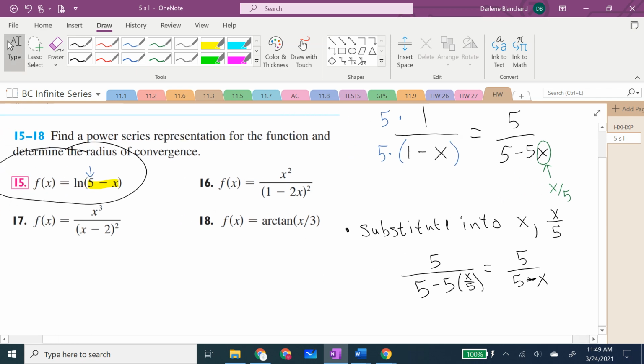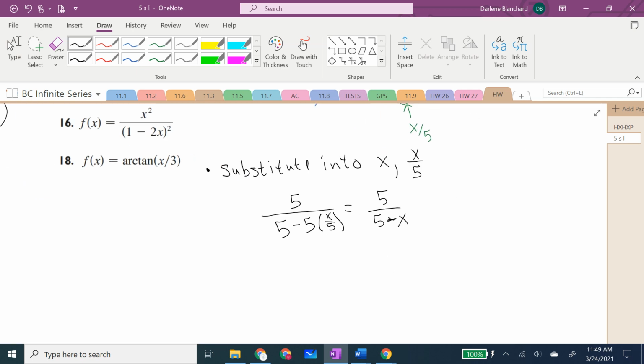Then I take a look at it, and I can either choose to take care of this extra 5 in the numerator now, or I can wait. How about this time we wait? And my denominator is what I need it to be, so let's take the derivative. So I'm going to write down that this next big step is derivative.